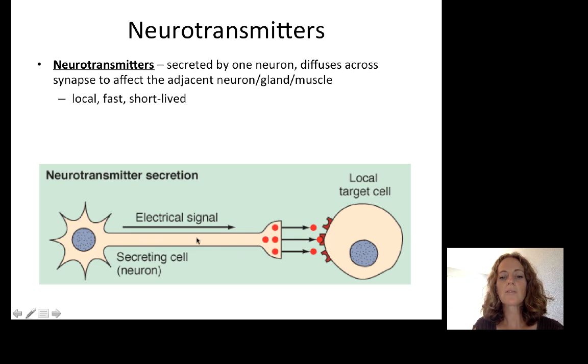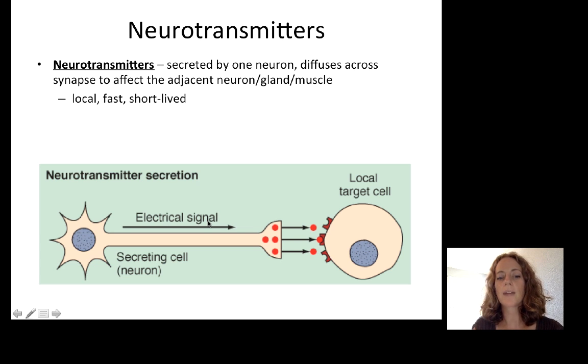These are special cells that are specialized to have synapses or synaptic junctions that connect to other cells. And they're very, very close, with very little extracellular fluid, just a small space between a neuron and its target cell. They are very local, very fast, and very short-lived signals.